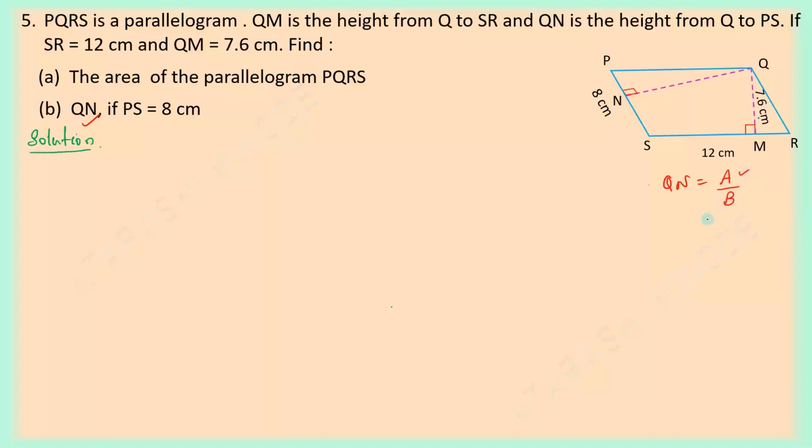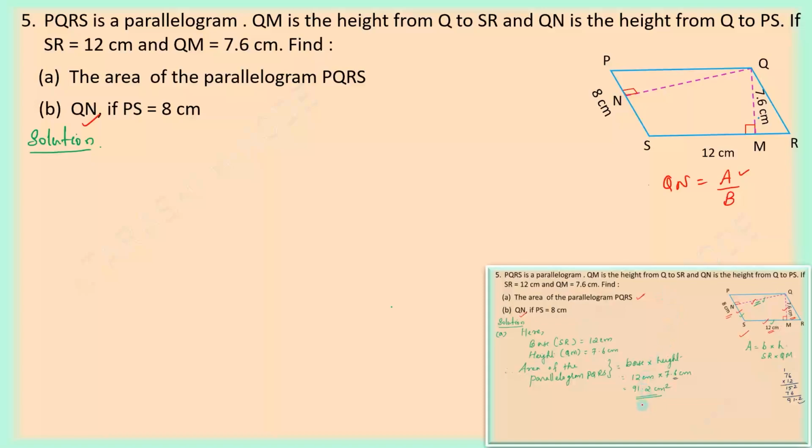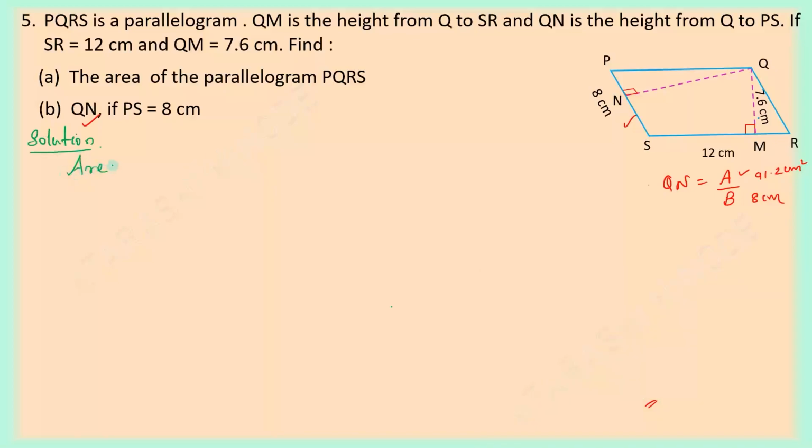Now what about the area here? That we got as 91.2 centimeter square. And what about the base? Base is PS because QN is the height to the base PS. PS is here 8 centimeter. So let us write area of parallelogram PQRS equal to 91.2 centimeter square.